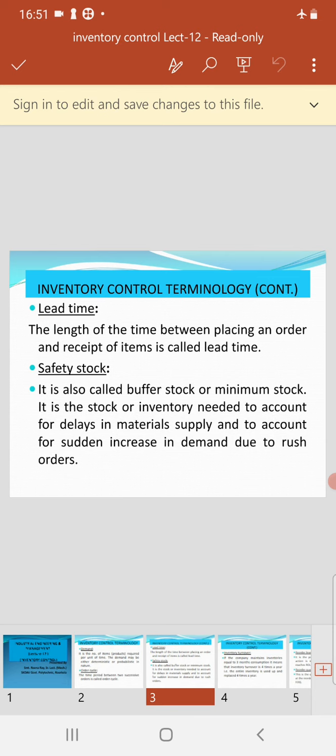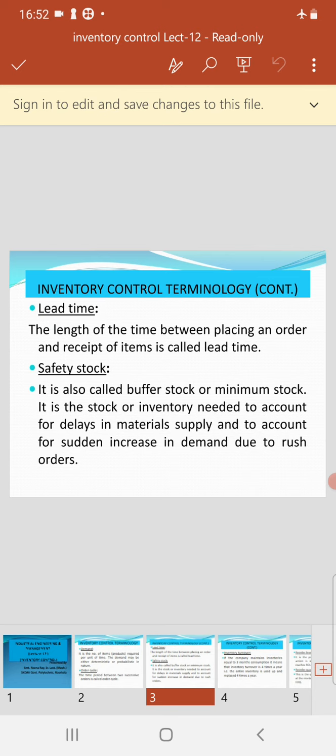Next is safety stock, which we also call buffer stock or minimum stock. It is the stock or inventory needed to account for delays in material supply and for sudden increases in demand due to rush orders.